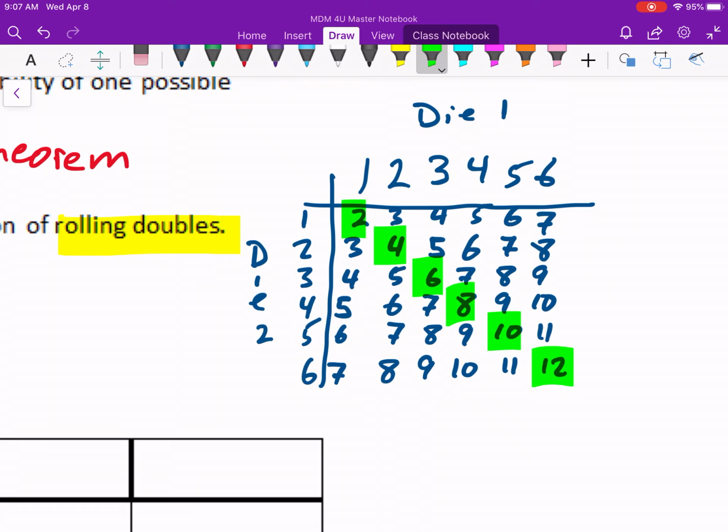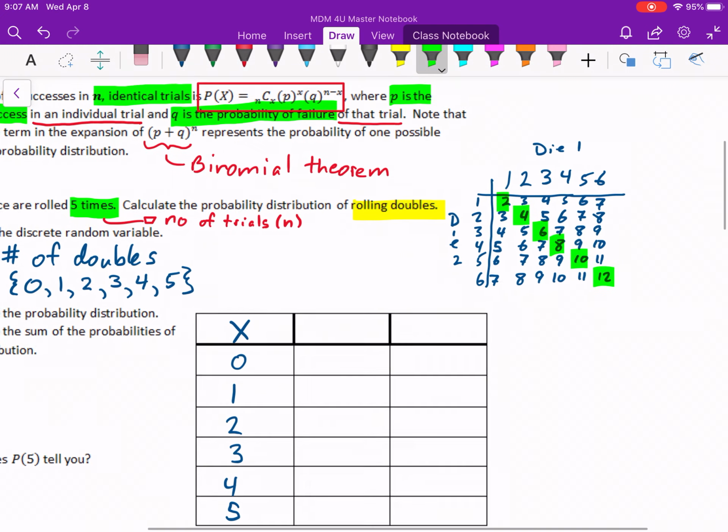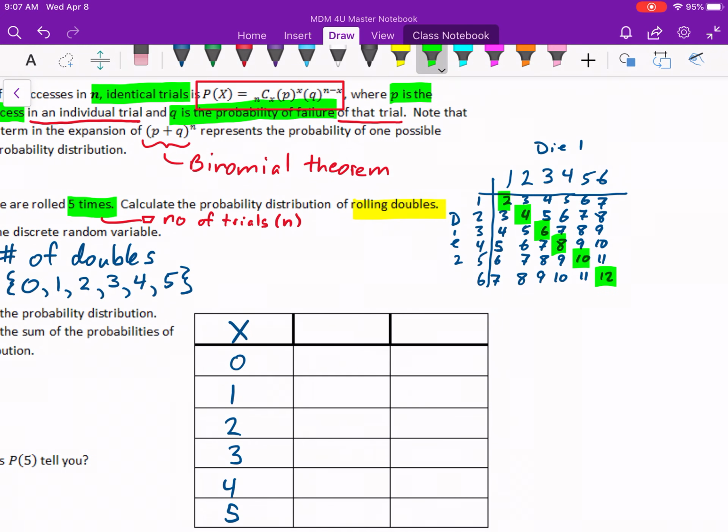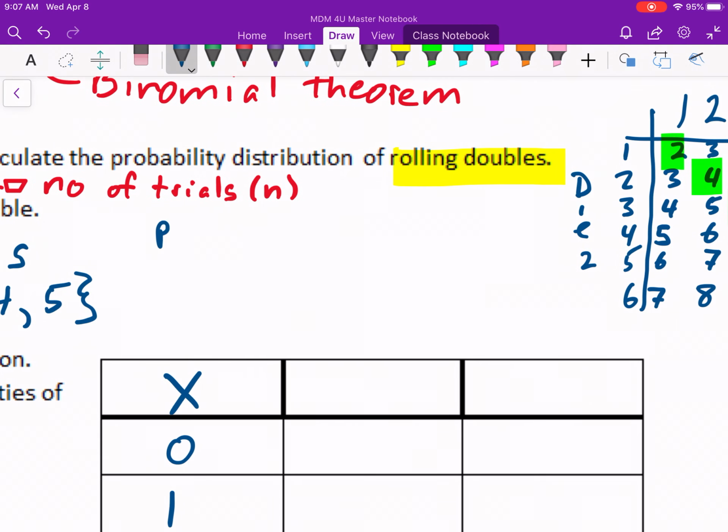So the probability of getting doubles any time we roll a pair of dice is actually 1 in 6. All right, so p is going to be 6 over 36. But as I said, that reduces to 1 over 6. So that's actually our probability of success on a single trial.